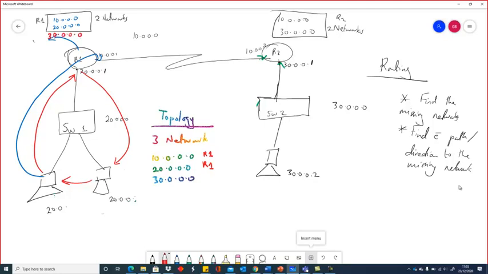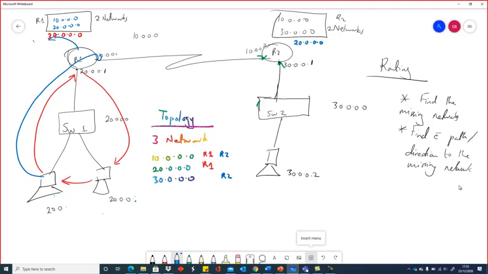Now let's go to R2. R2 has the 10 network, right? But R2 doesn't have the 20 network. Doesn't have it. So we'll have to make some provision for that. But then it has the 30 network.